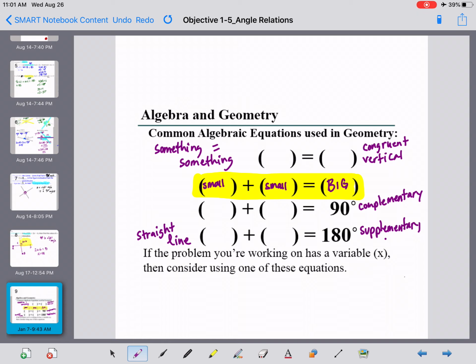Put the 2 small pieces together, you get the big piece. Or I might say, what do you know about your angle? Is it complementary? Is it supplementary? Are you on a straight line? There's just a few basic things that we're going to set stuff equal to, but we're going to do that for the whole time we're in geometry, okay? The whole time. So we're done with this little mini lesson.